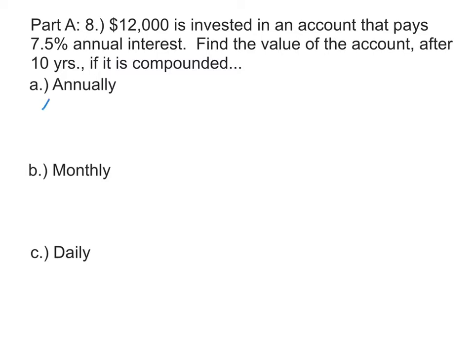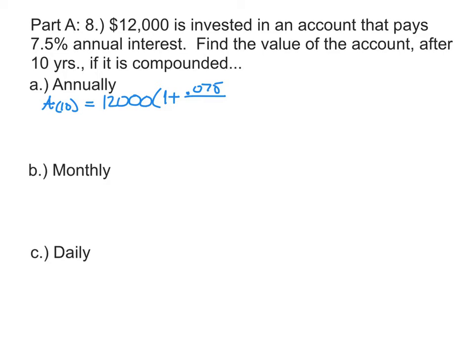And that's going to say that the amount in the account after our 10 years will be the principal, the starting amount, times 1 plus r over n. So the percentage rate, which is 0.075, that's 7.5% written as a decimal, over n, the number of times it's compounded in a year.